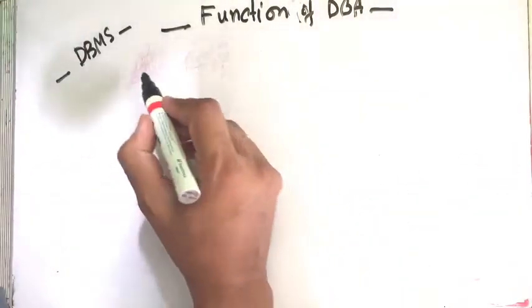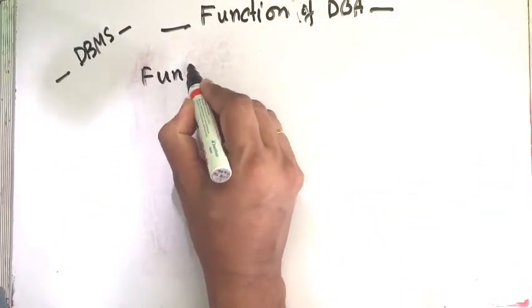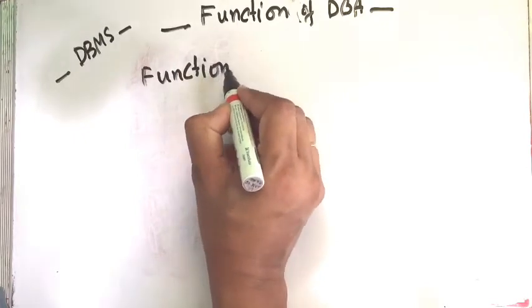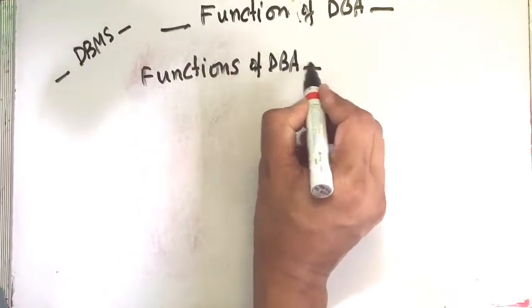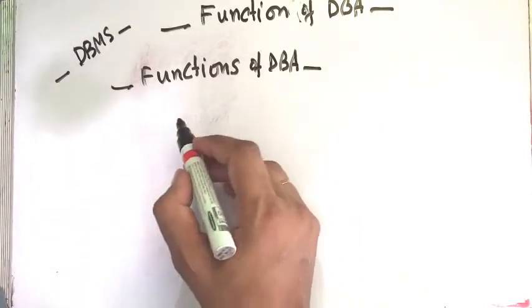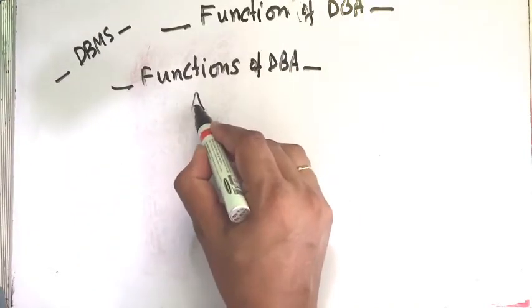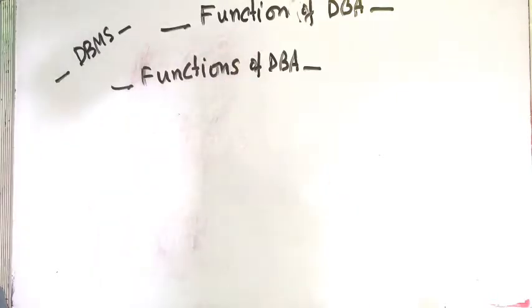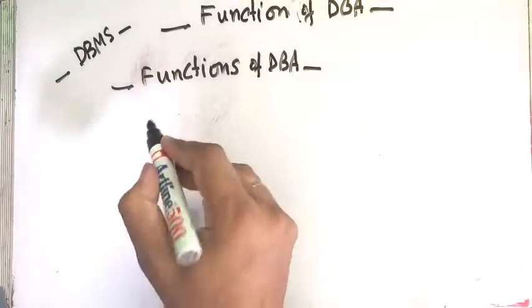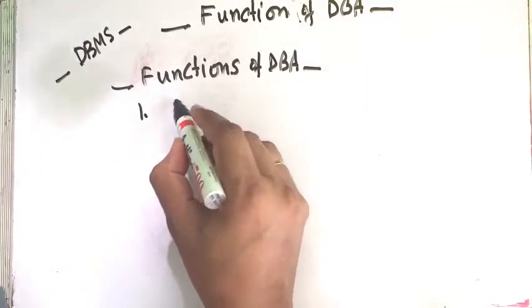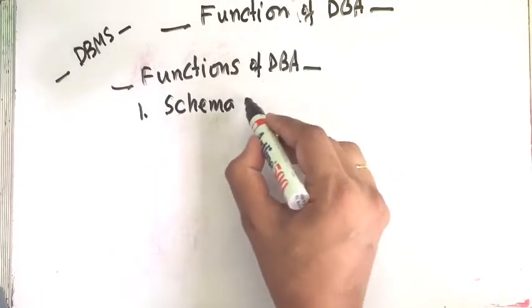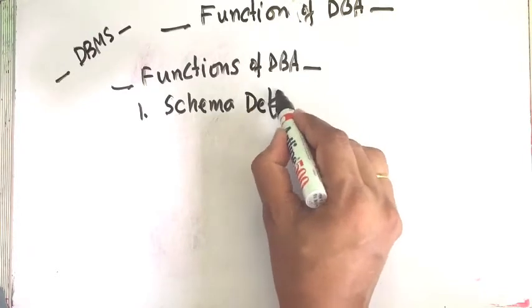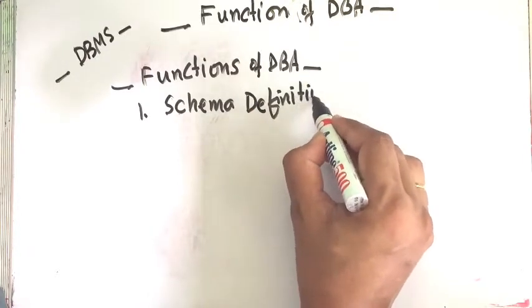Now the functions of DBA. A DBA defines, number one, the different kinds of functions. First of all, the definition of the schema, meaning schema definition. This is the first function of DBA, schema definition.